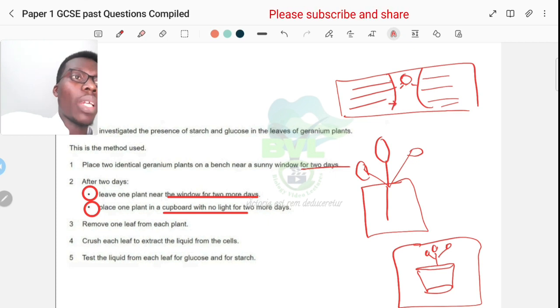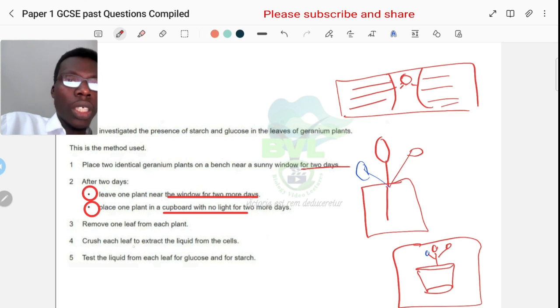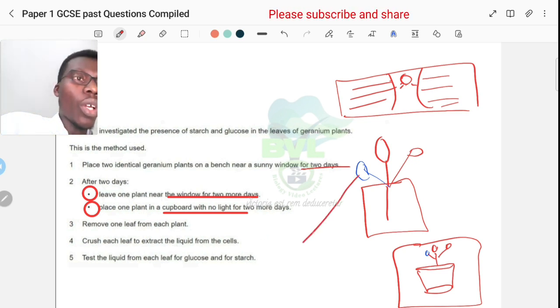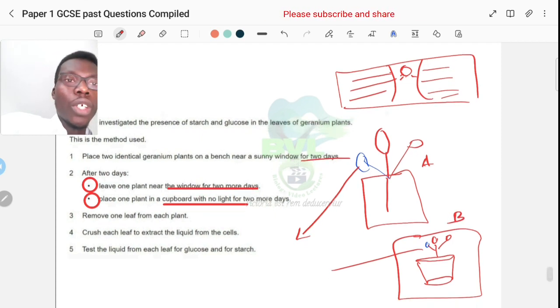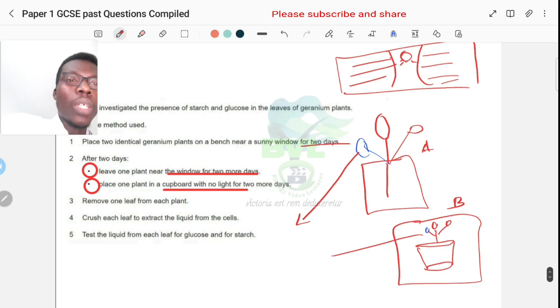So let me draw the leaf, just nothing big. We are taking this leaf and this leaf. We're meant to crush each leaf and extract the liquid, taking a leaf from plant A and from plant B. Test the liquid from each leaf for glucose and starch.